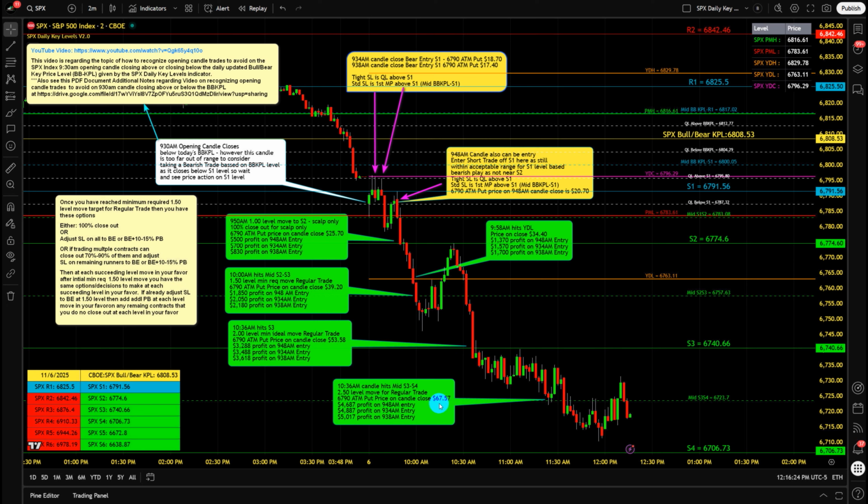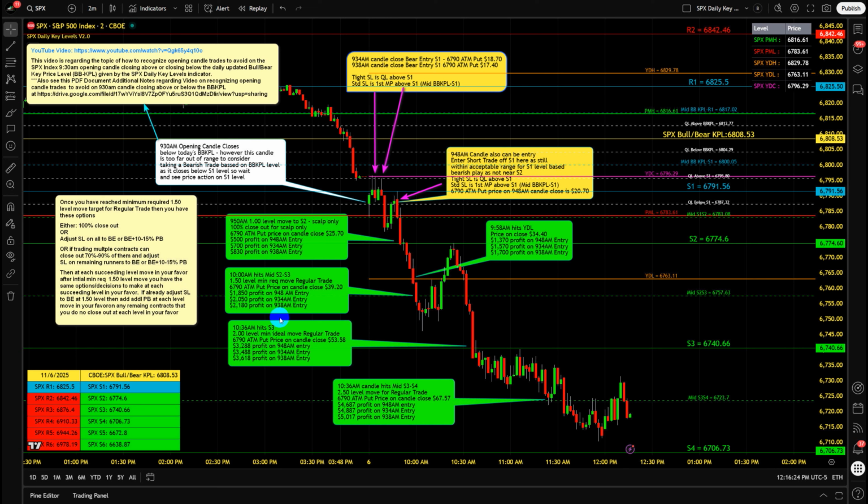At this point, on the candle close, it is 67.57 on the 67.90 at the money put. On the 9:48 a.m. candle entry, we now have a $4,687 profit. On the 9:34 a.m. candle entry, we have a $4,887 profit, and on the 9:38 a.m. candle entry, we have a $5,017 profit.